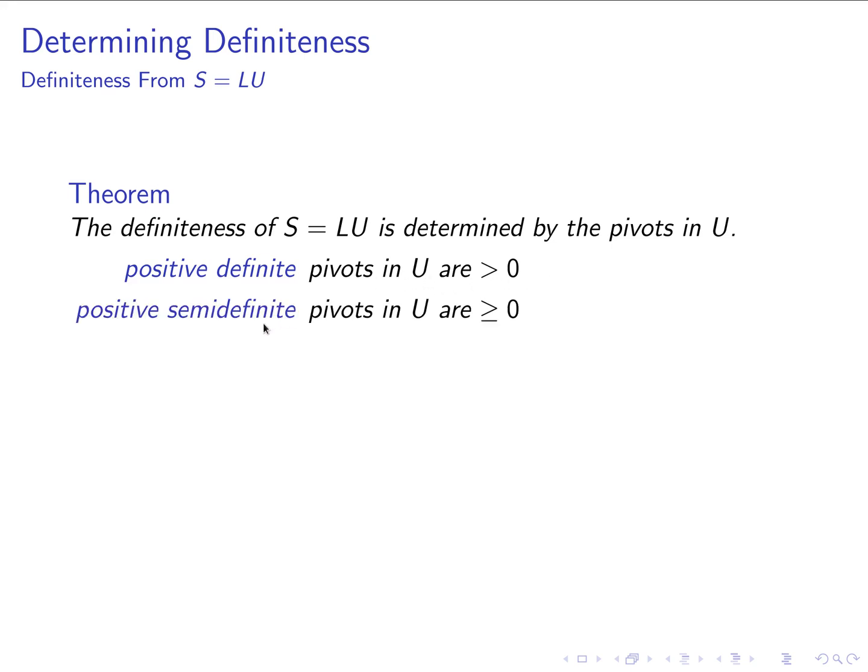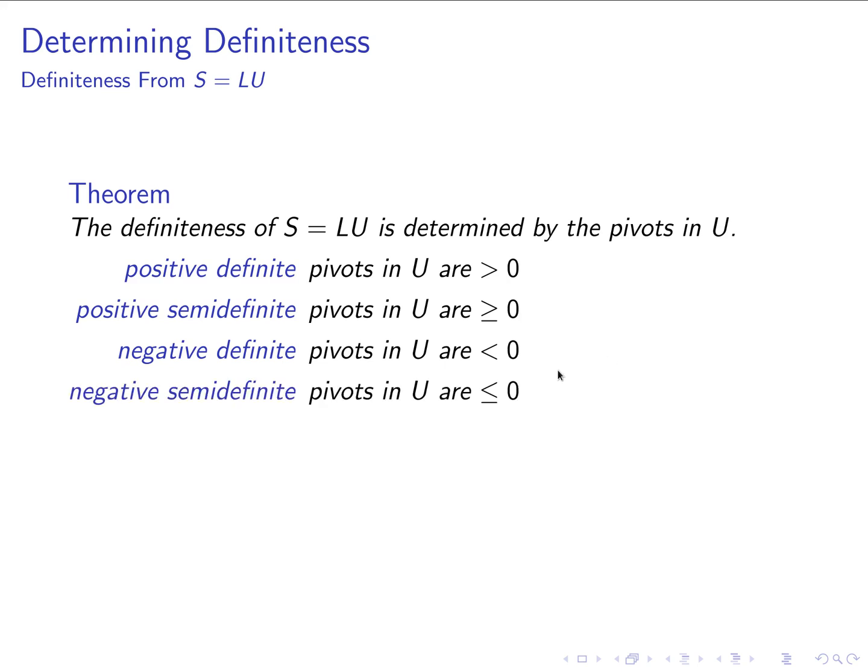S is positive semi-definite if the pivots in U are all non-negative. S is negative definite if all of the pivots are strictly negative. S is negative semi-definite if all of the pivots are non-positive, and S is indefinite if some of the pivots in U are positive and some are negative.